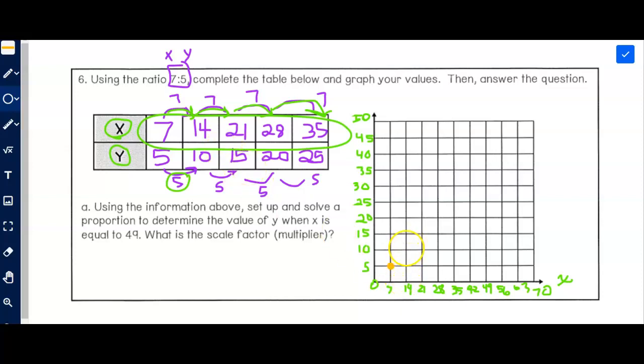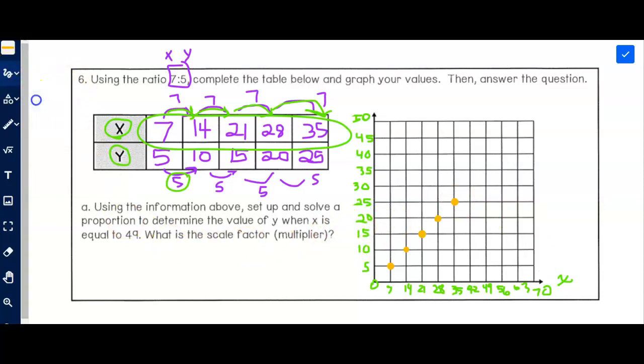By using that ratio 7 to 5, 7 on the x, 5 on the y, we are very easy to graph because we're literally going up by 7 and 5 and falling right on these ticks. We don't have to estimate our values. So we have a graph of the table up through 35. So 7 to 5, 14 to 10, 21 to 15, 28 to 20, and 35 to 25. So we're all graphed for our x and our y.